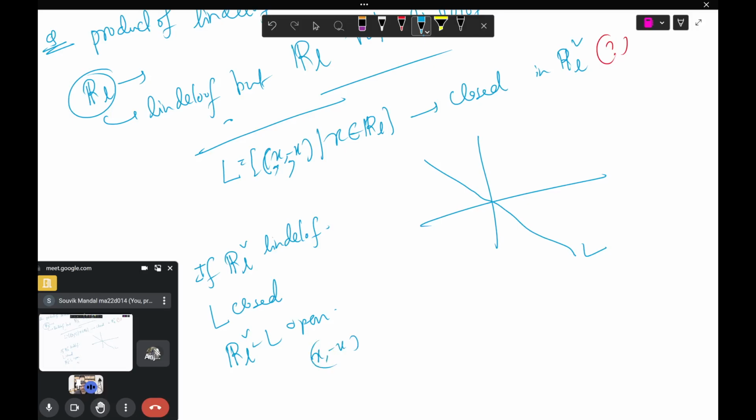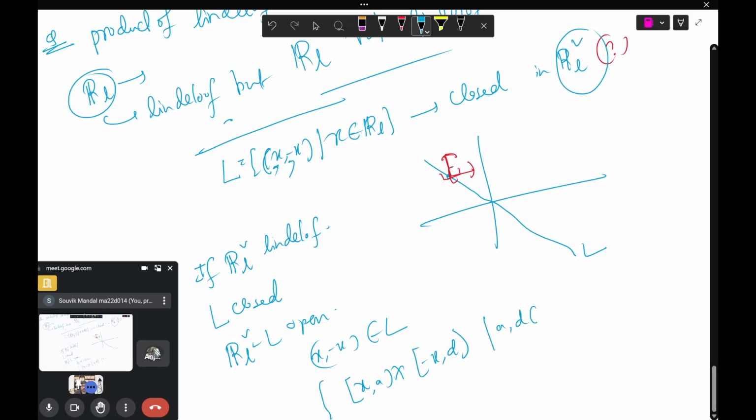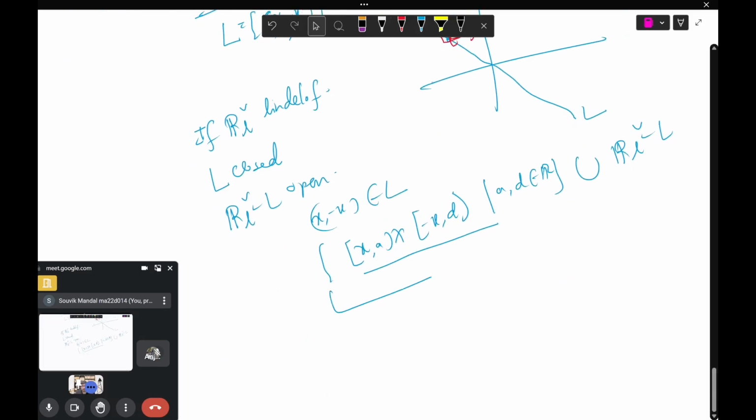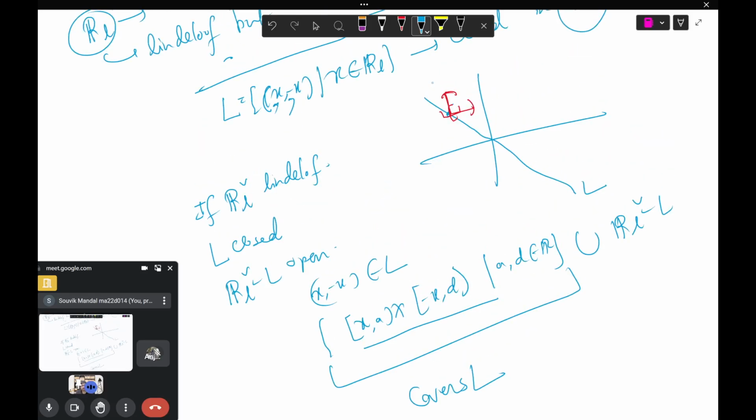Now choose any point x comma minus x inside L. In RL2, the basis elements are of this form, for all possible values a, d over R. These basis elements cover L, because each such set contains the point x comma minus x, which is a point of L.